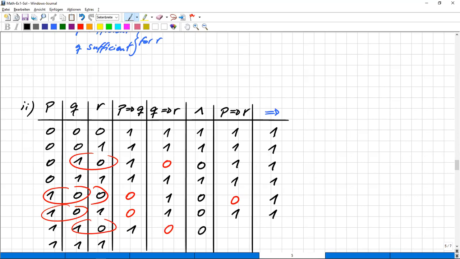AND is 0 because they are different, and P implies R is the mirror case of the other one. So we have a second fail here, but still the main implication stays true.